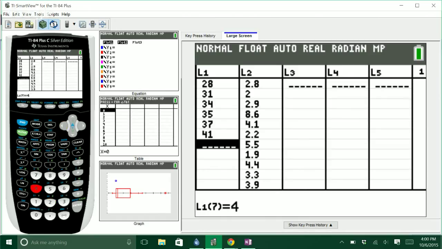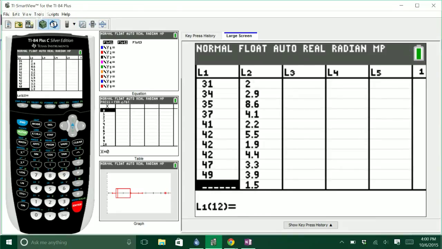Yeah, there's 2 42s. 42 again. 42 a third time. Yeah, okay, and 47, 49, 51, 52, 60. Oh, there's not 52, sorry.